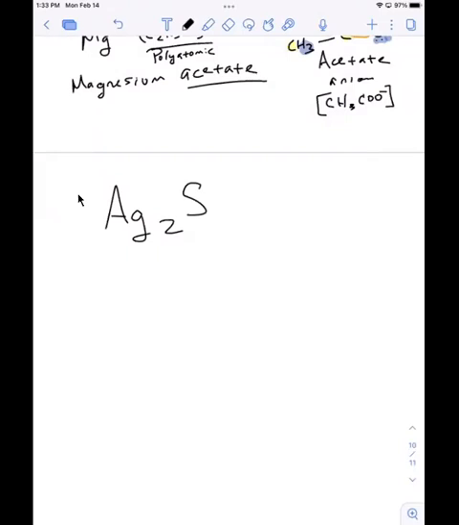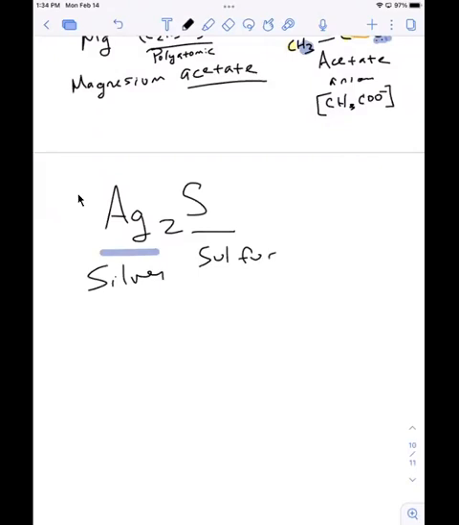Ag is silver. Silver. Okay, good. So this is silver. What about sulfur? You just said it. Thank you for catching me on that. And this is sulfur.